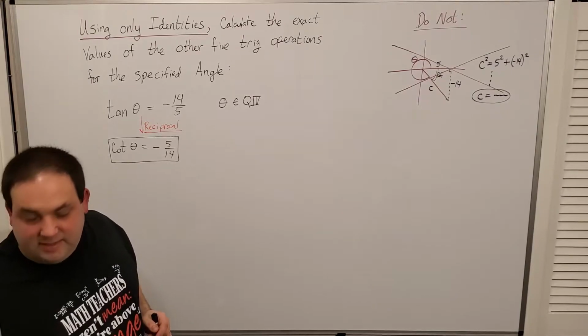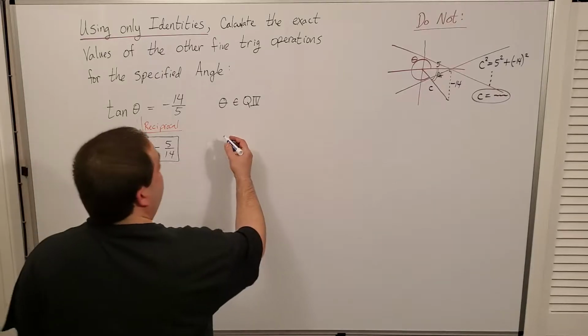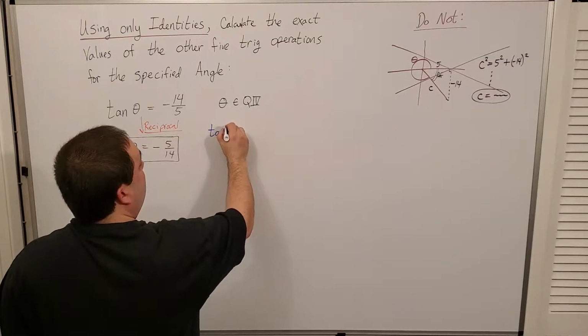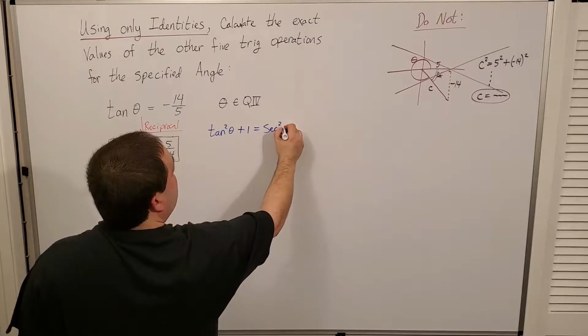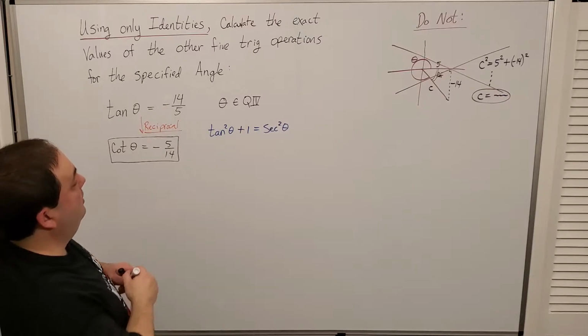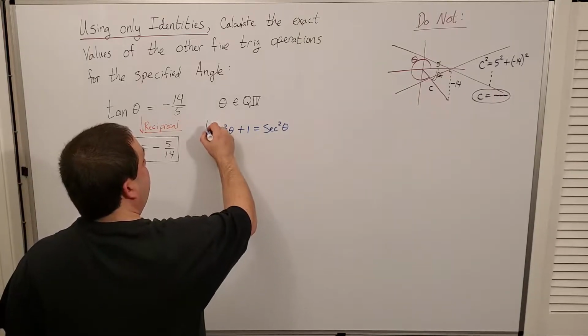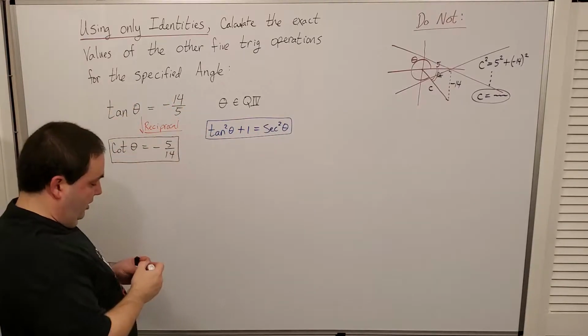I know that my tangent is related to secant with the Pythagorean identity: tangent squared of theta plus 1 is equal to secant squared of the same theta. So I'm going to use this identity and the fact that I know what tangent theta is.